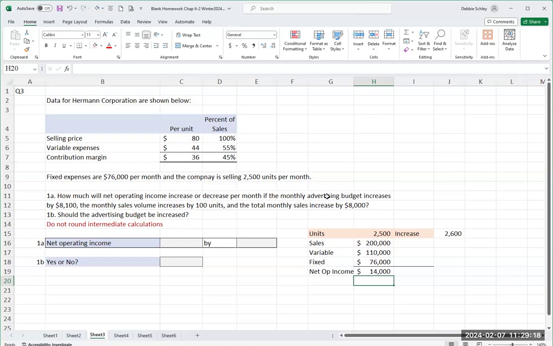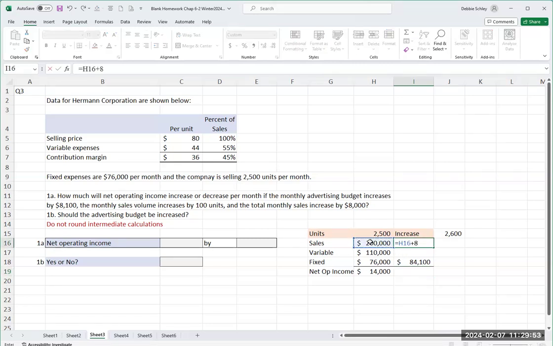So the first change: we're increasing our monthly advertising budget by 8,100. Advertising is normally a fixed expense, so that is going to get added to the fixed expenses. I'm going to take my original fixed expenses and add 8,100. Then I increased my sales by 8,000, and I increased the units by 100.